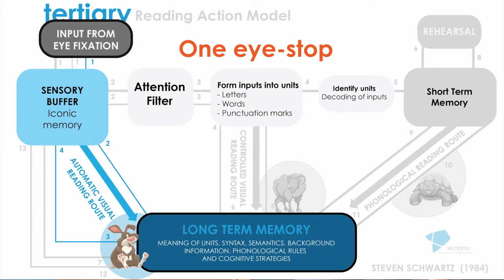And then the shortest route is the automatic visual reading route, the blue one there. And this is where we want to get our senior students. Once we're able to achieve the automatic visual reading route, we're able to start to train them in visual intelligence. And at the end of the day, in short, we need to be able to see more, read faster, and of course, remember better, so that we can use previous knowledge to create new knowledge.